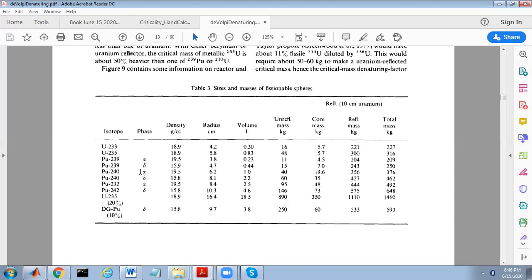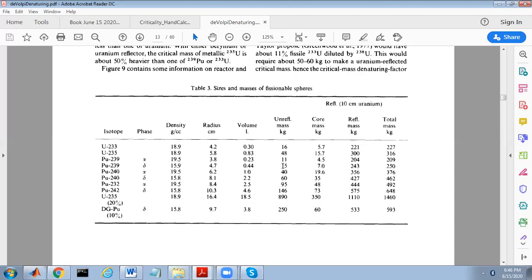Now look at plutonium-239, what we were just talking about. First we talked about Jezebel, which was the delta phase, which had 15.9 grams per cubic centimeter. Its radius now has become 4.7. There it was about 6.2, and here it's become 4.7.